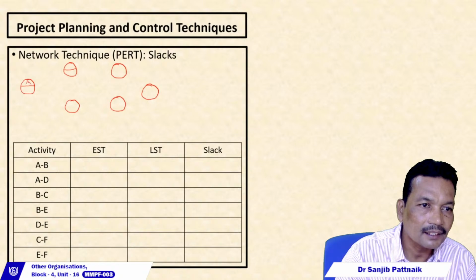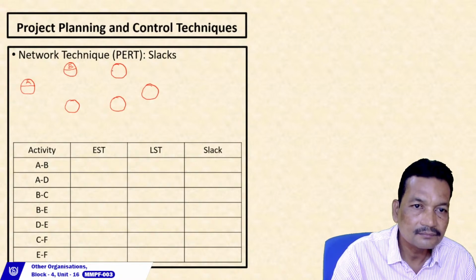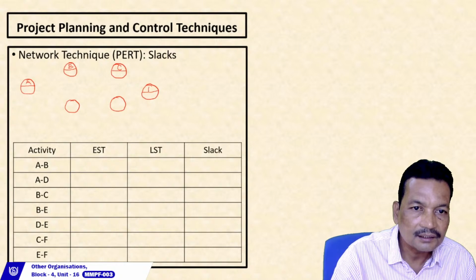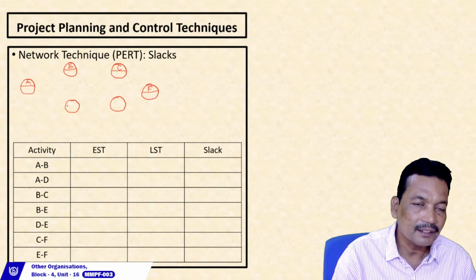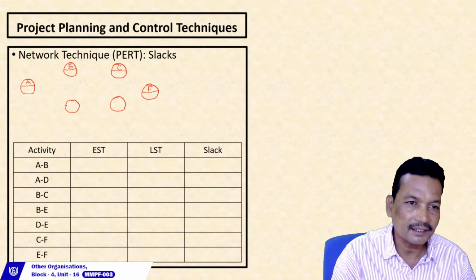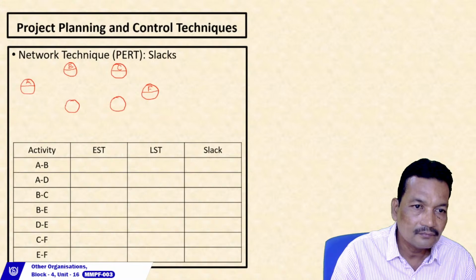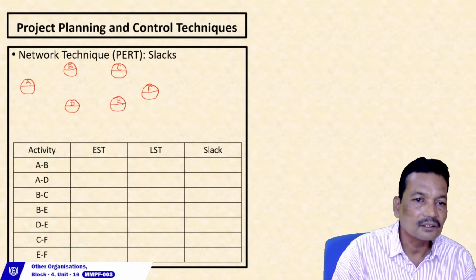So, activity A, this is B, this is C, this is F. I am using the upper section of the circles to find the delays in the various activities. And these are the activities.